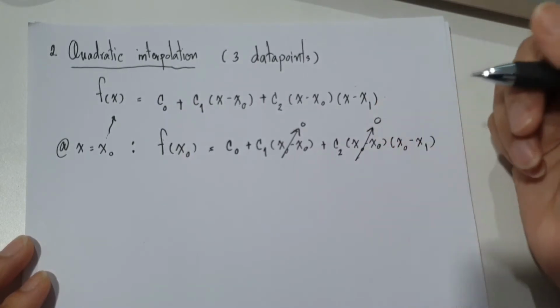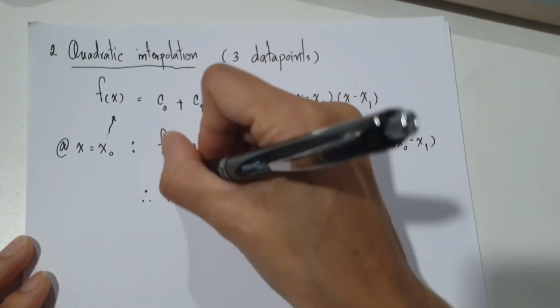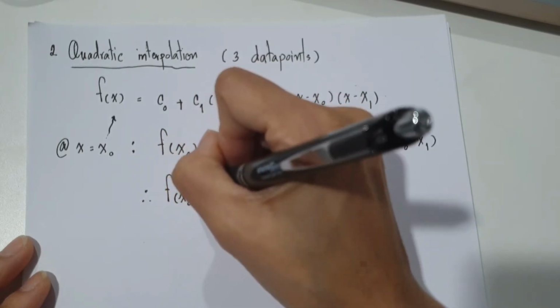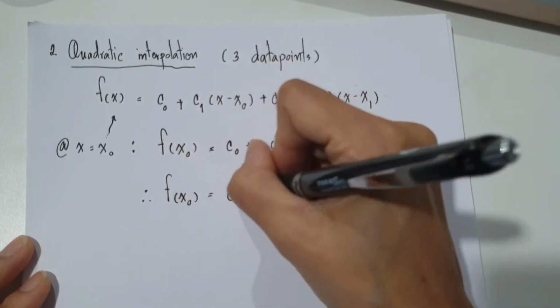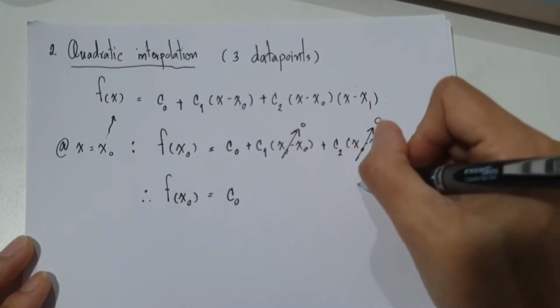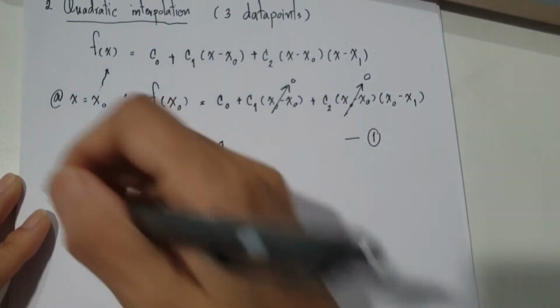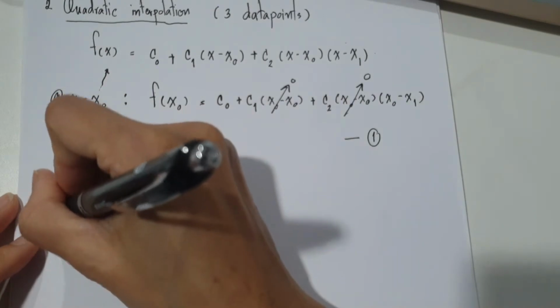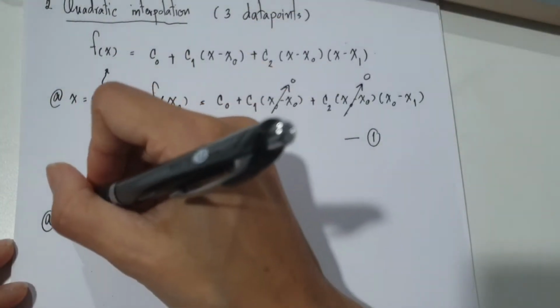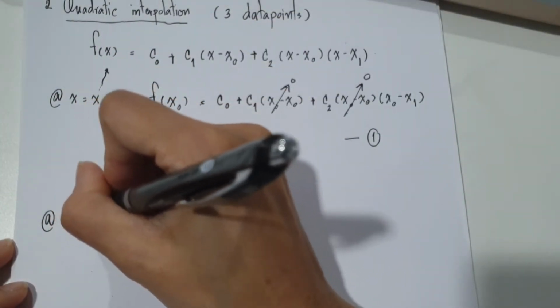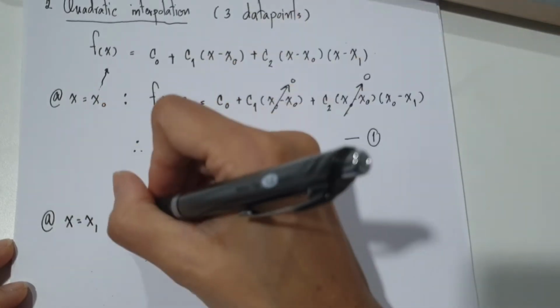Of course, it is 0. So we get f(x0) = c0. This is the first equation. Okay. And the second equation is derived from x = x1.